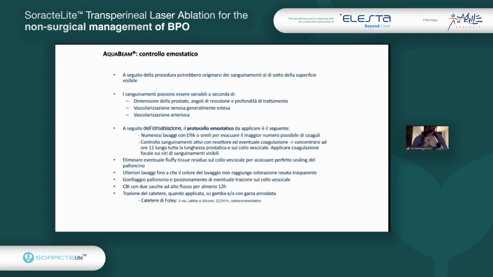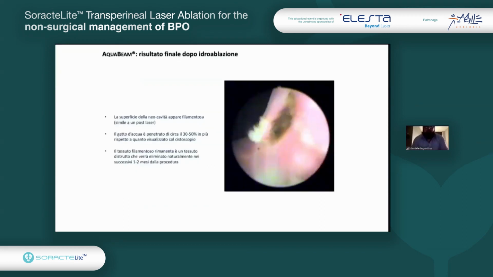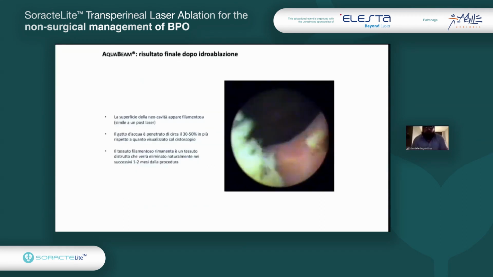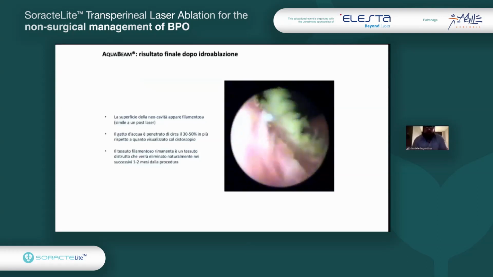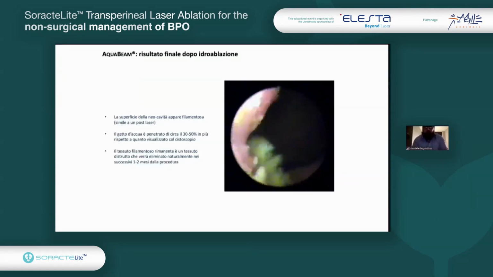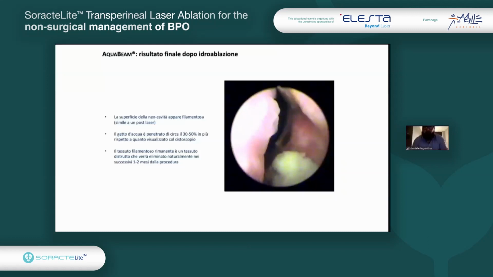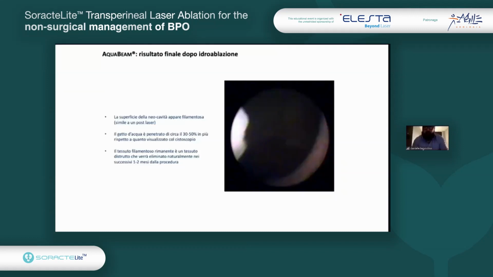Holmium laser is not considered for hemostasis after Aquabeam. This is the endoscopic view after treatment. You can see the cavity of the adenoma after treatment.